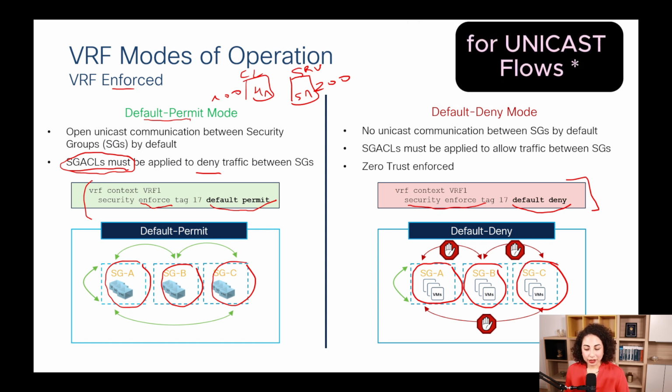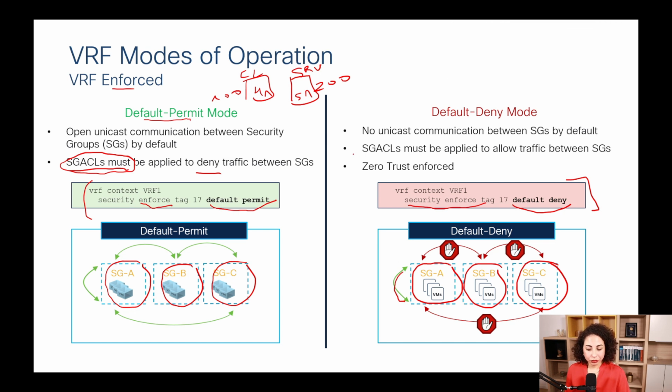So with a default deny, the only traffic that is allowed is traffic from a specific security group to hosts from that same security group. It is the only type of traffic that is permitted. If we want to permit any other traffic between the SGs, then we need to configure explicit security group ACLs. So this is what we call the zero trust that is enforced.